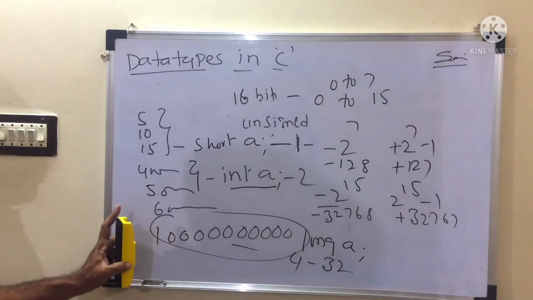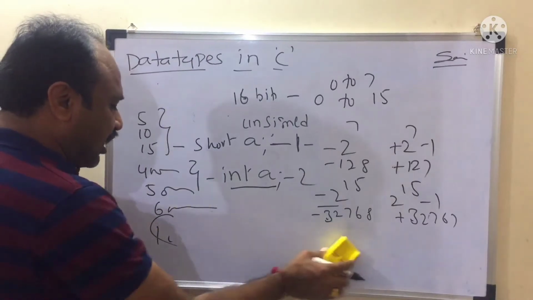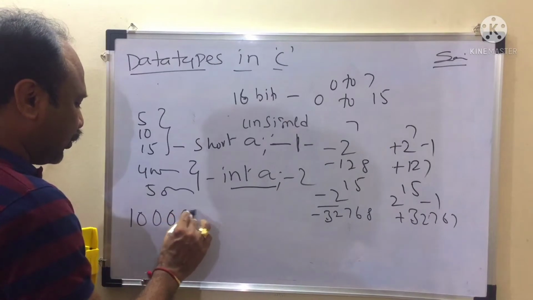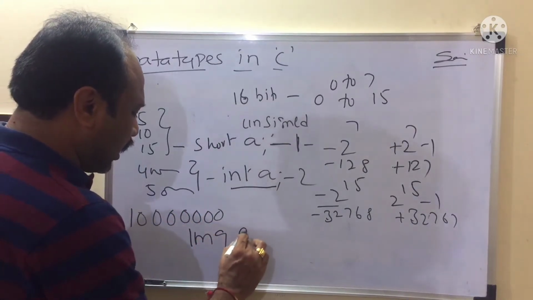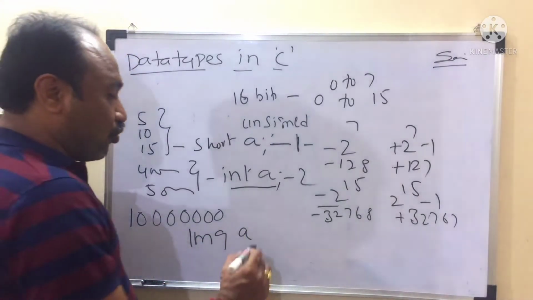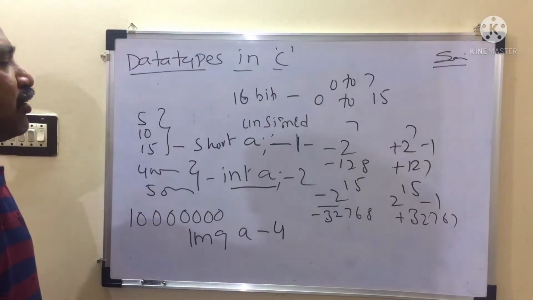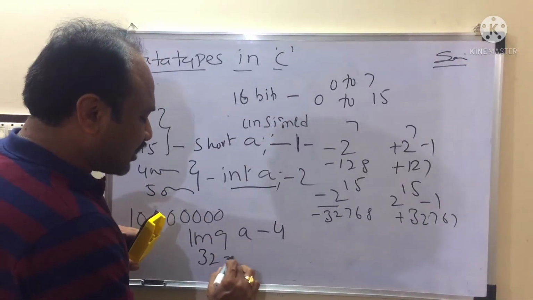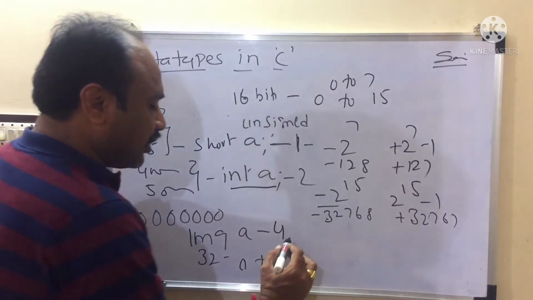In the same way, we can use the long keyword to declare an integer value as a long value. When I am going to work with 1 crore, 2 crore, 3 crore, like that biggest values, we have to use long a. If you declare a as a long value, it requires 4 bytes. 1 byte means 8 bits, so 4 bytes means 32 bits. How to specify the range of this one?